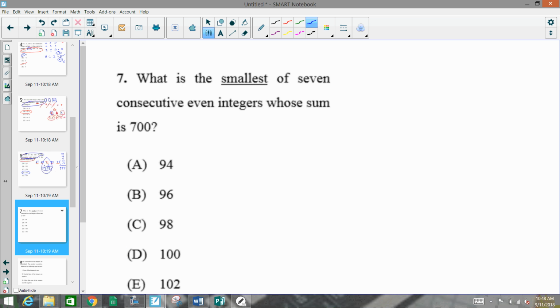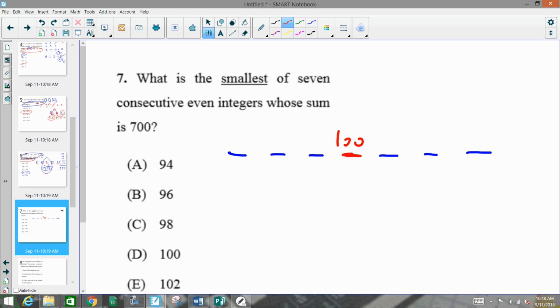What is the smallest of 7 consecutive even integers? Okay, 1, 2, 3, 4, 5, 6, 7. Smallest of 7 consecutive even integers. So how am I going to find that? Divide by 7. It's going to be 100.